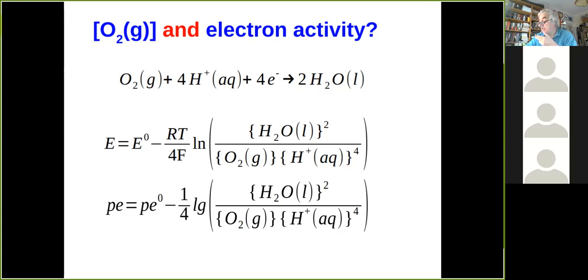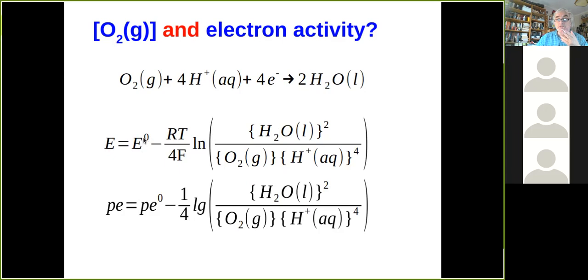It's the same formula, but here this is the Nernst equation as you can find it in textbooks. It's the E value, a redox potential value, some constant E naught.